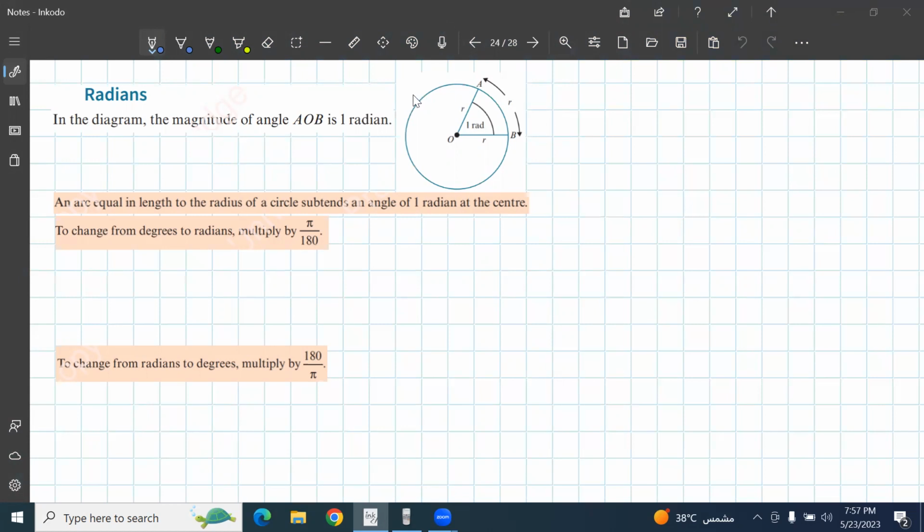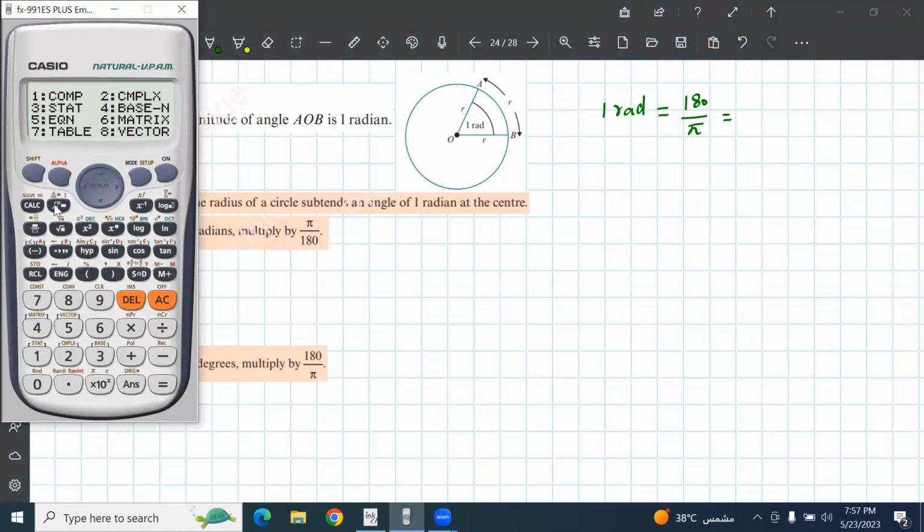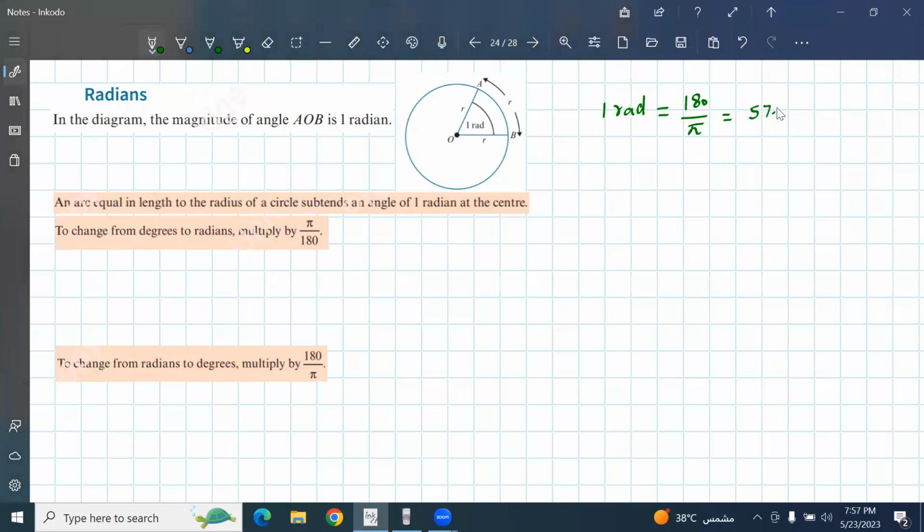And remember how to change 1 radian to degree: 180 over pi, which is equal to, if we check here, 180 over shift pi, that is equal to 57.3.